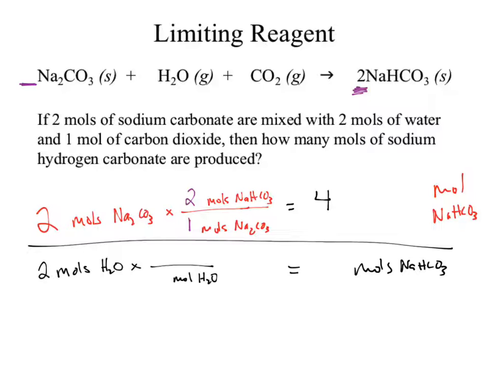What do I want to see on top? The moles of sodium hydrogen carbonate. What numbers are associated with that conversion factor? 2 moles of sodium hydrogen carbonate, because the 2 comes from the coefficient in the balanced equation. And the 1 comes from the coefficient in the balanced equation.